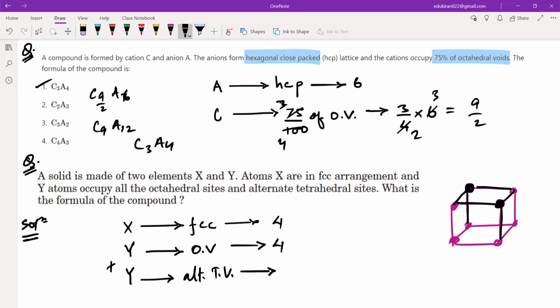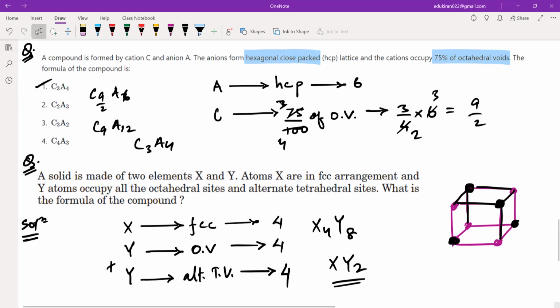This one, I can pick this one, right? And what else can I pick? I can pick this one also, the opposite side. So how many do we have? 4. Okay, so we have x as 4 and y is how much? 8. So this will be equal to x, y, 2. Correct? Yes, sir. Got it? Yes, I got it. This is how you are going to look at the tetrahedral voids.